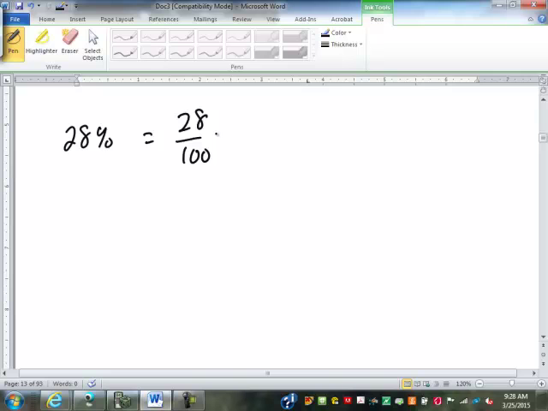So when we're dealing with a percent problem, we have to match things up with the 28 and the 100 in that ratio. The 28, of course, is whatever it is we're interested in, the point of interest. It's some special group, some smaller group out of a whole larger group. The 100% represents the whole thing.